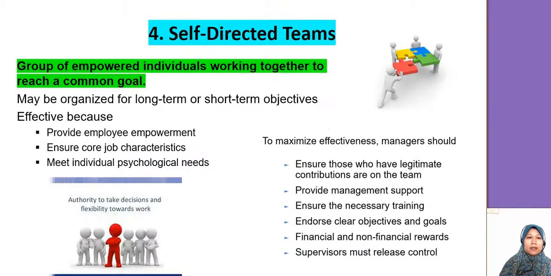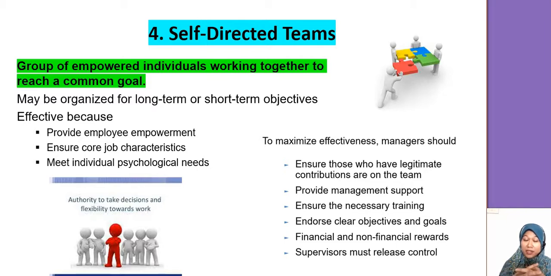The fourth one is the self-directed team. A self-directed team is a group of empowered individuals working together to reach common goals. Usually, this team has worked together for quite a long time, and they understand how each other's skill and talent complement one another.